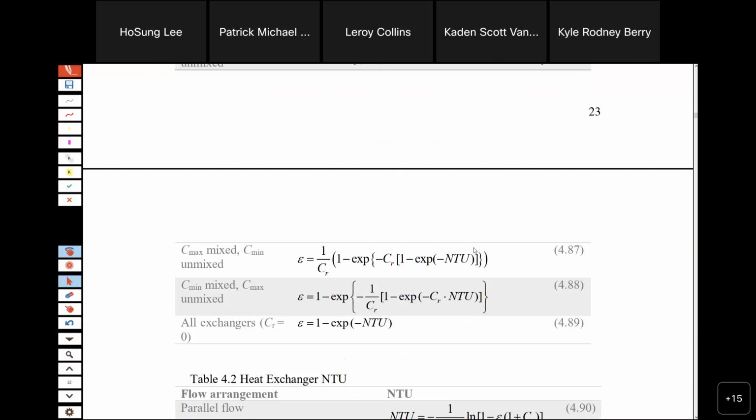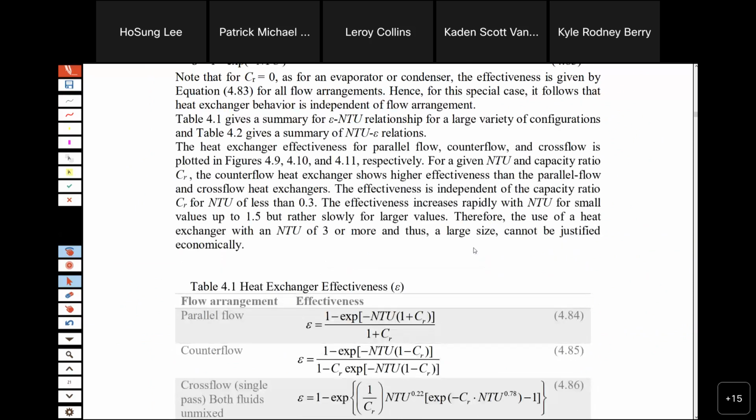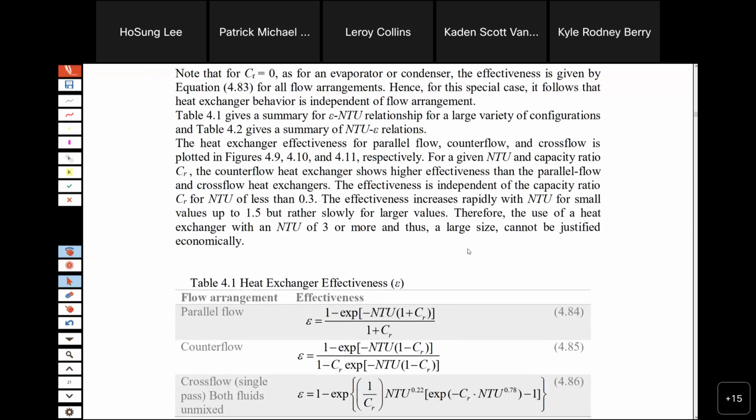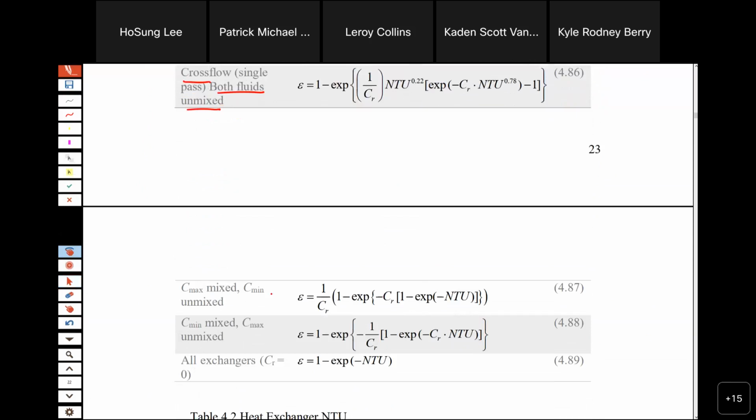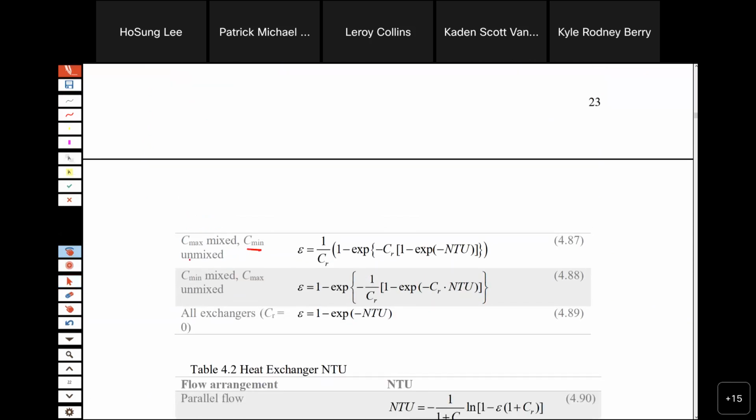So there is all kind of effectiveness. Parallel flow, we have it, and counterflow we have. You can just pick and use it. Cross flow we have. In this case, both fluids are unmixed. Use these. If C-min is unmixed, use these.